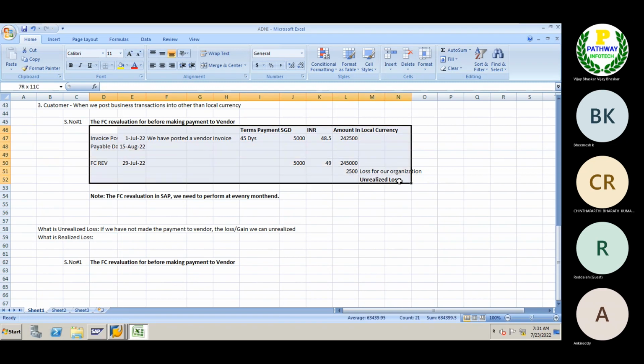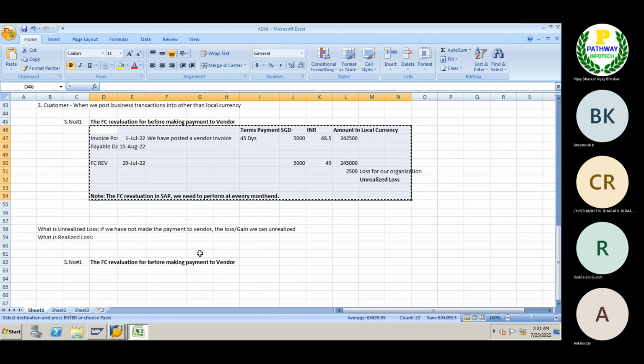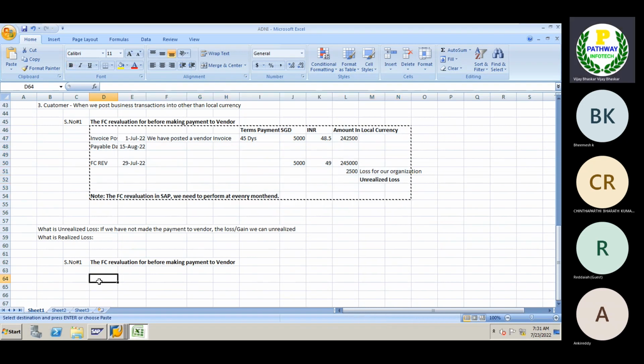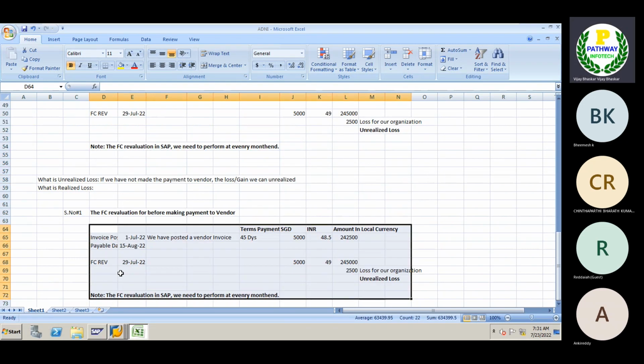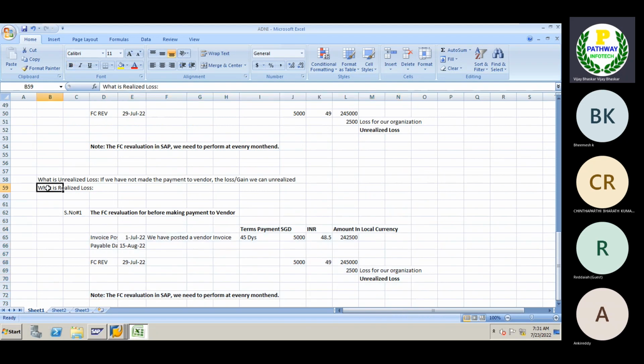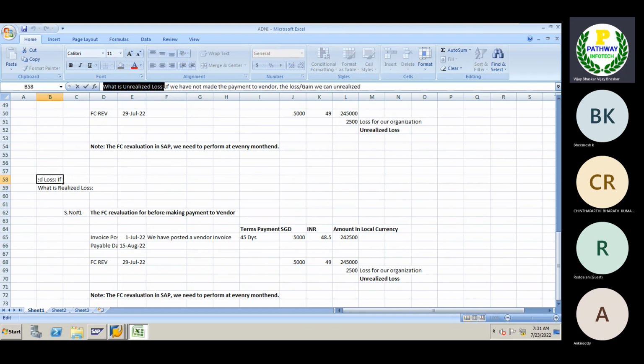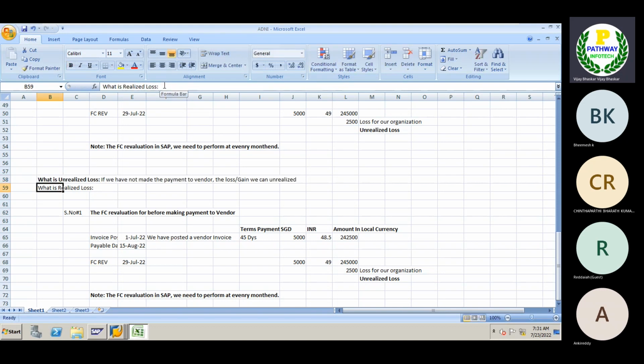Now you can see here, what is realized, what is unrealized, hope you got. Unrealized means before making the payment to the vendor, we do not know whether it's really a profit or loss.